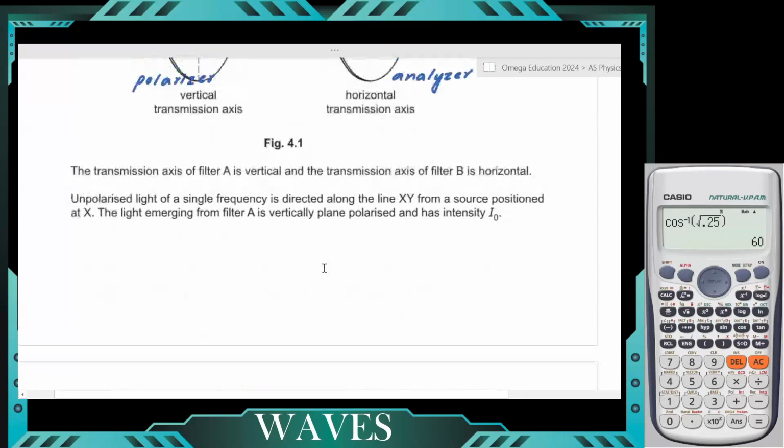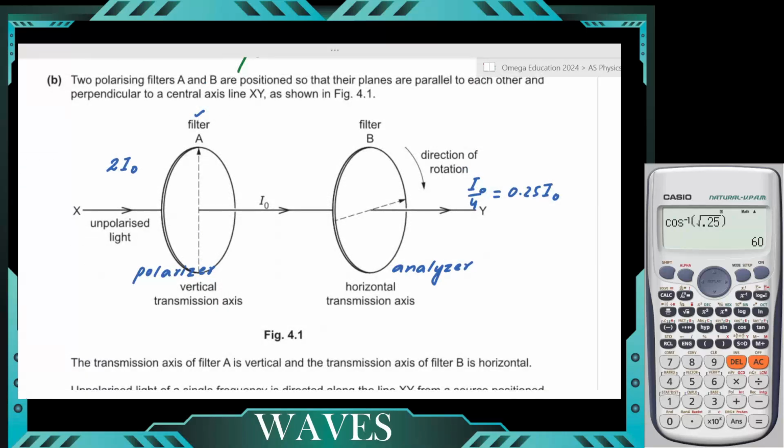If I show you the diagram, this is the vertical slit, and this is the direction of light as it enters the first analyzer. The angle that we have is 60 degrees, the angle between the axis of the slit and the light.